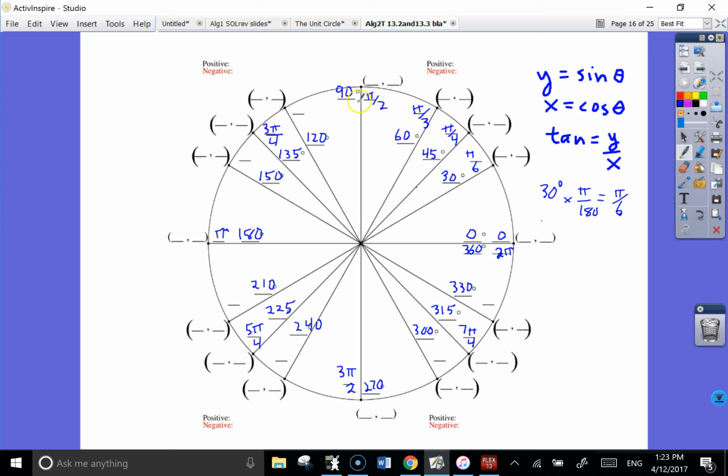Right? Then I can go 3 pi over 6 would be pi over 2. 4 pi over 6 would be 2 pi over 3. Simplify the fraction. Right? 5 pi over 6. Okay, that one we got to keep. 6 pi over 6 is pi. 7 pi over 6 goes here. 8 pi over 6 would be 4 pi over 3. 9 pi over 6 is 3 pi over 2. 10 pi over 6 is 5 pi over 3.